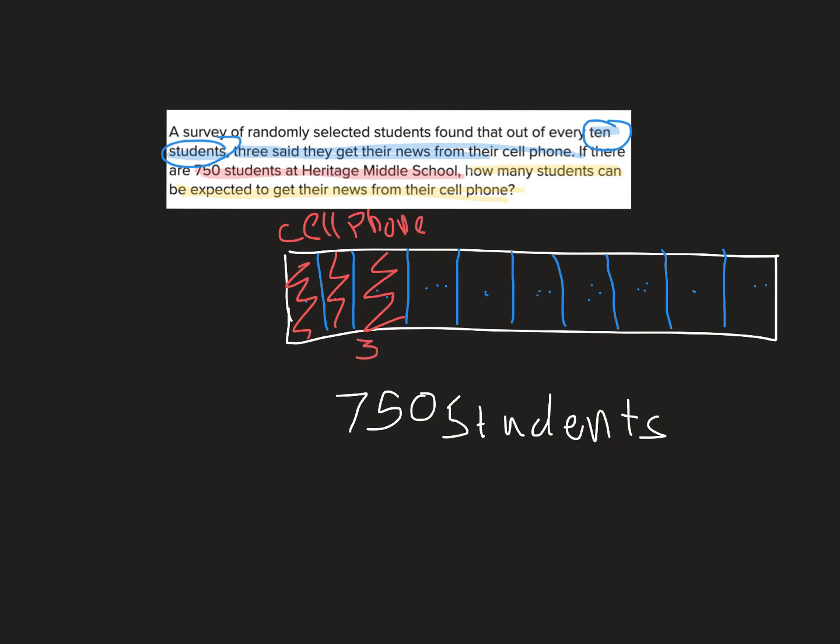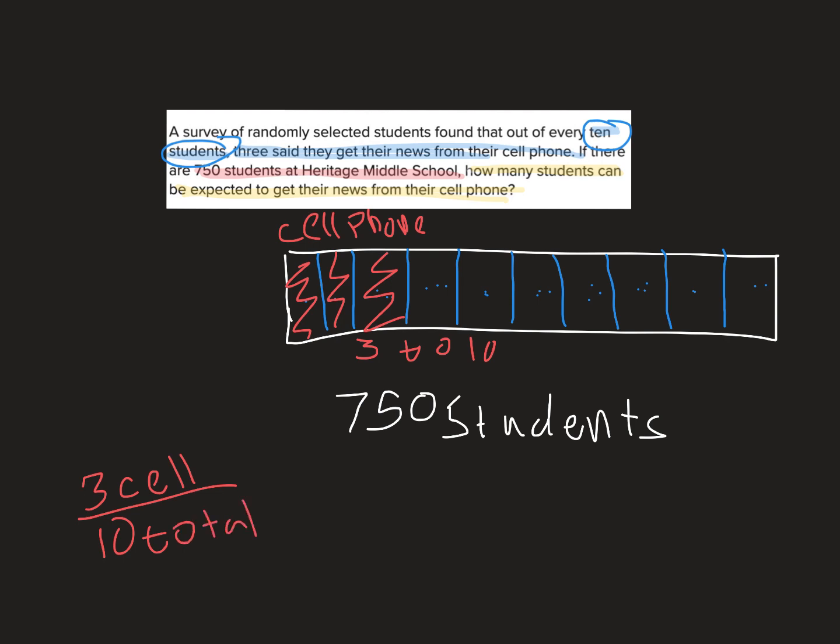Three to a total of 10. So 3 represents the cell phone and 10 represents the total.